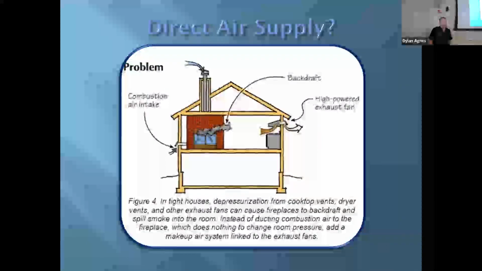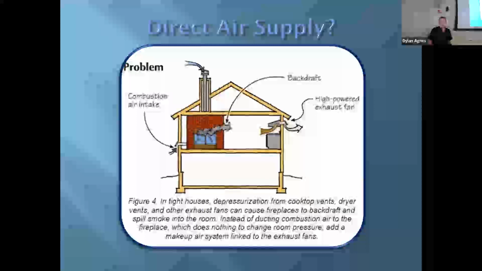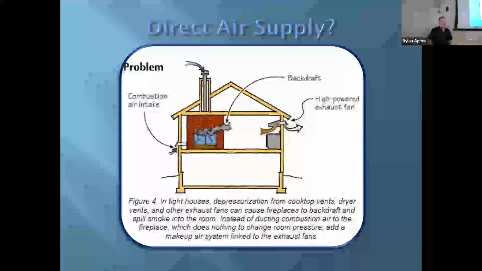So I want to make sure we get out of here on time, but backdrafts are pretty easy to explain. If we don't provide some type of makeup air into the system, then it's going to use the fireplace as the makeup air. And that's where the backdraft gets started.